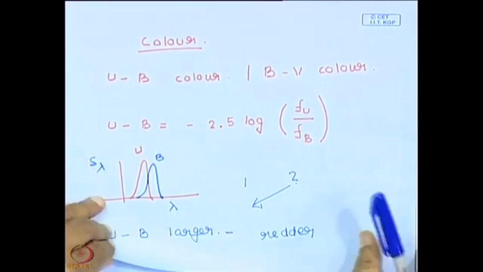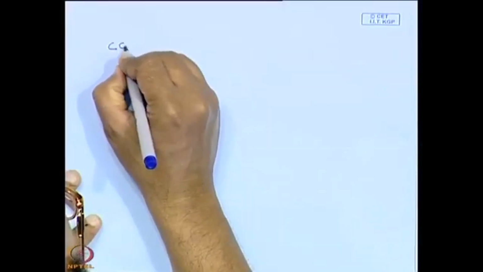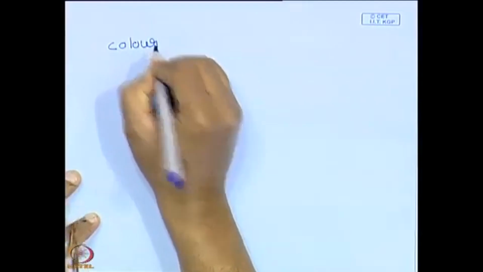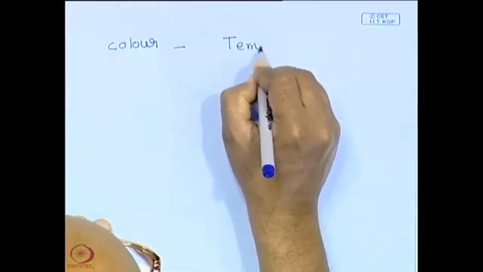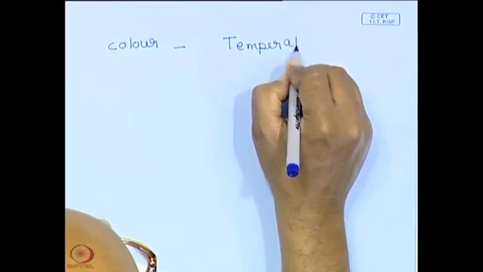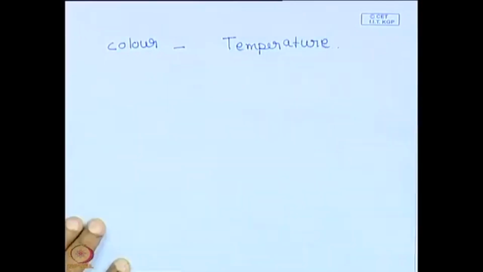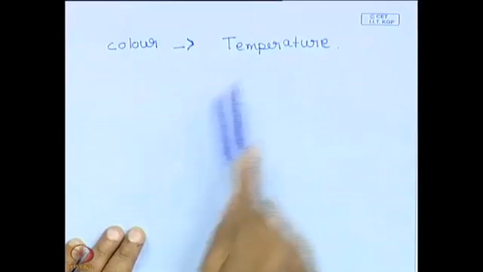For most astronomical sources, if you can think of the radiation as being a black body spectrum, which we have already discussed, then the color gives an estimate of the temperature.